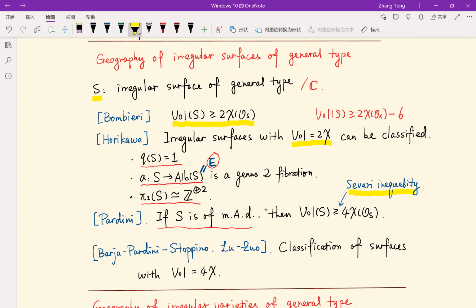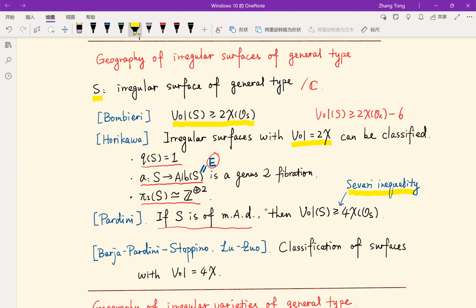In this case, S is quite simple. If you consider the minimal model of S or the canonical model of S, it's just a double cover over an abelian surface. And the branch locus can be explicitly determined. So that's also very beautiful work.